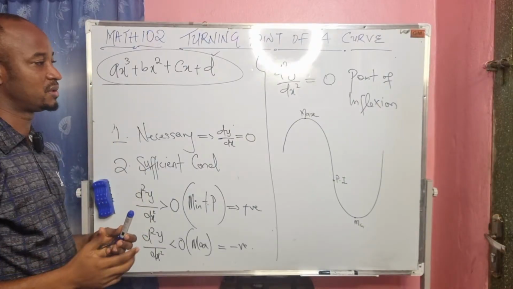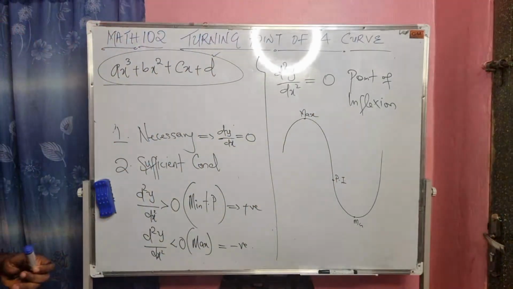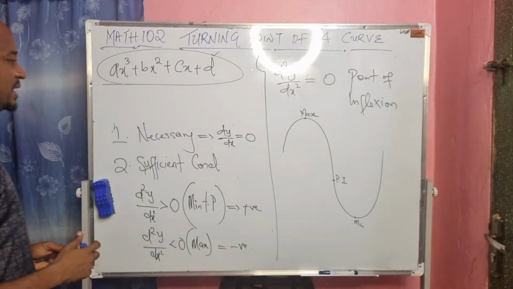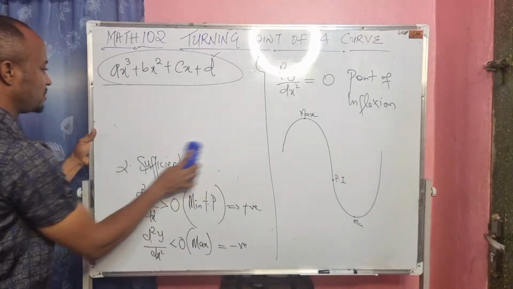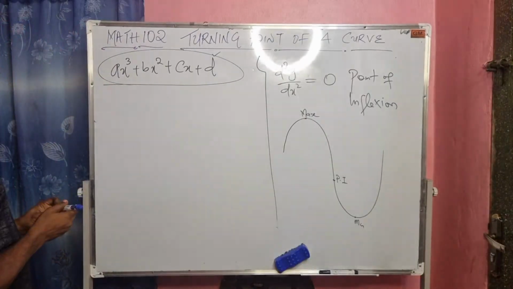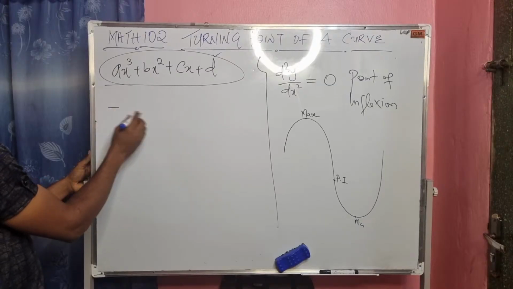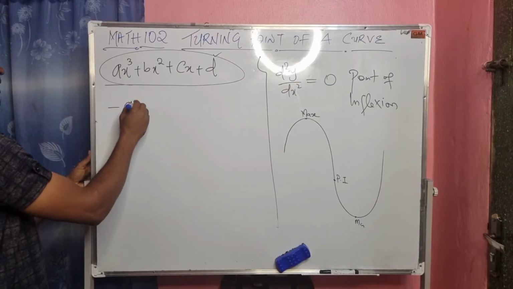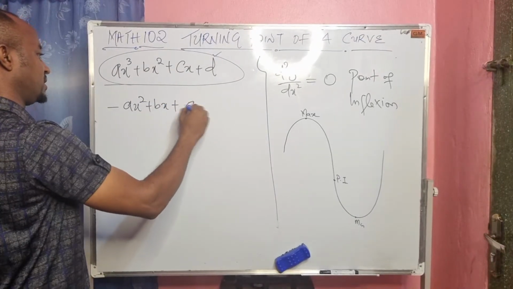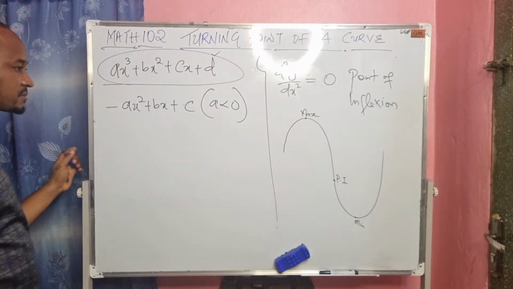But a quadratic function only has either maximum or minimum. And I've explained when we obtain maximum and when we obtain minimum. For us to obtain a maximum, the general form must be minus ax squared plus bx plus c, where a must be less than 0.